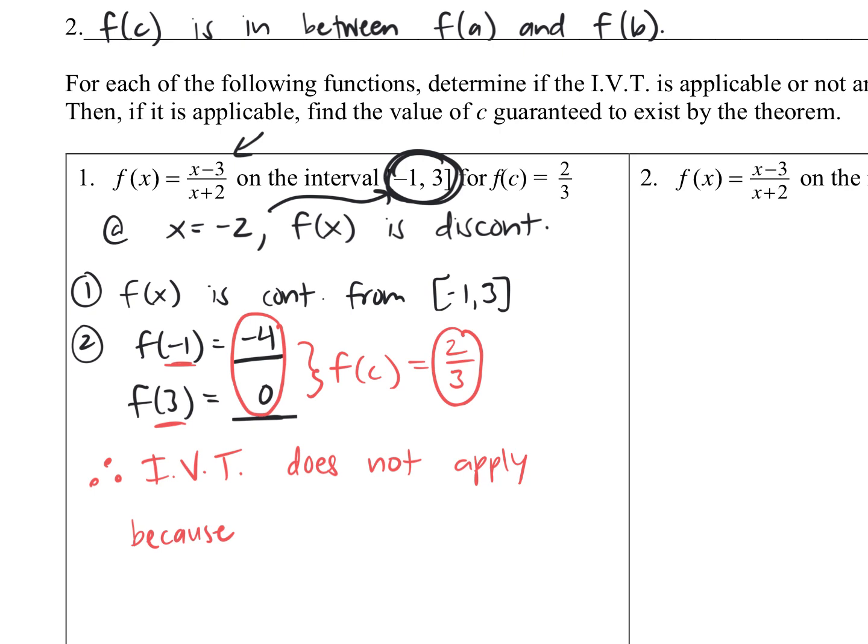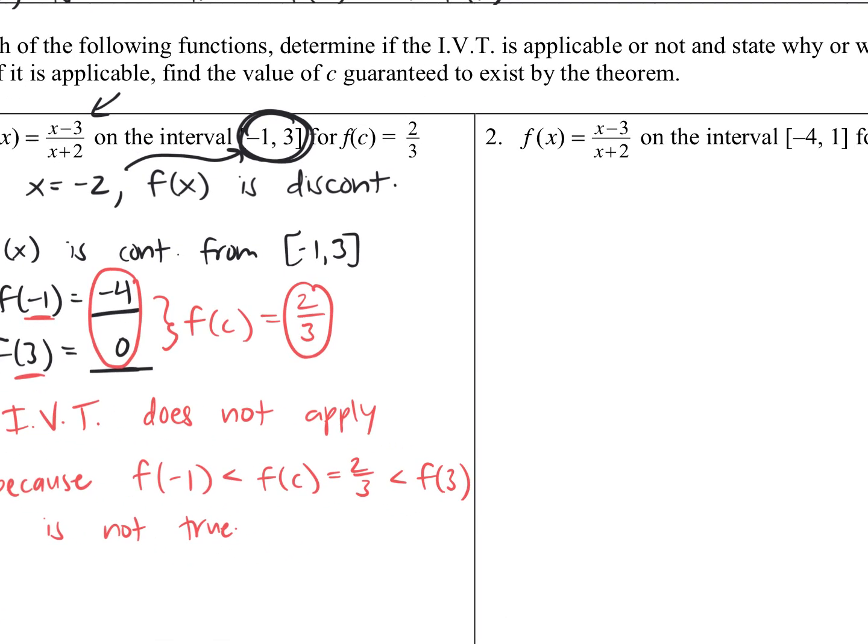We want to say because f of -1, f of c, which equals 2/3, and f of 3 is not true. Or if you'd rather write that out in words, you could just say because f of c does not exist in between f of -1 and f of 3.